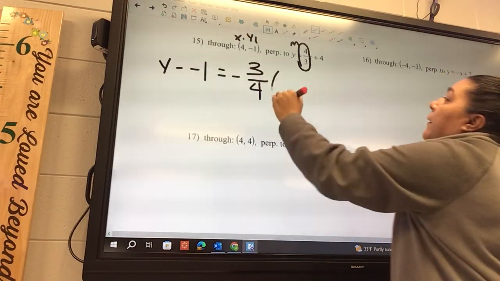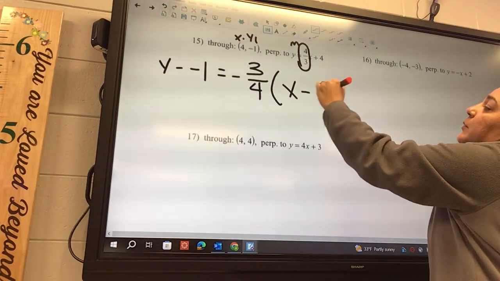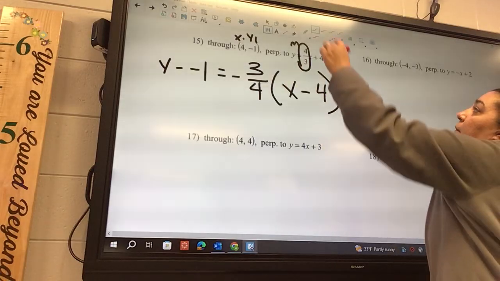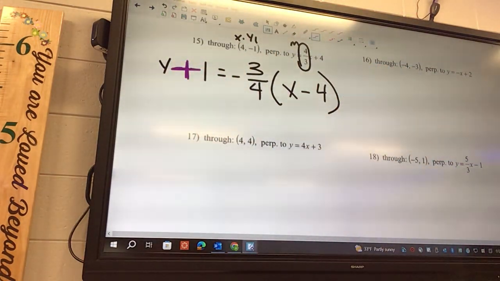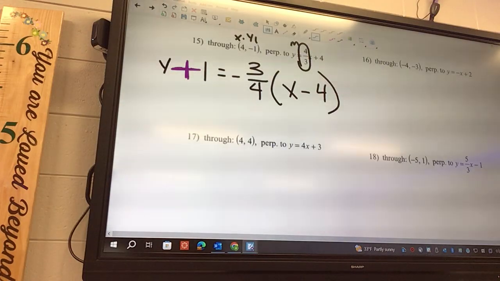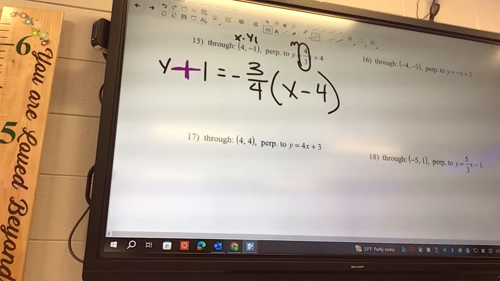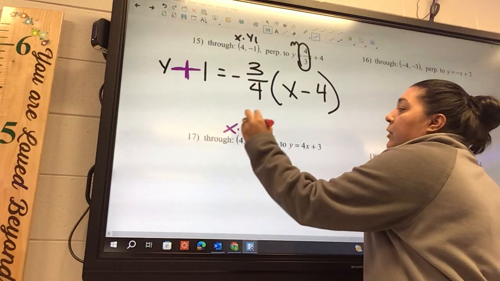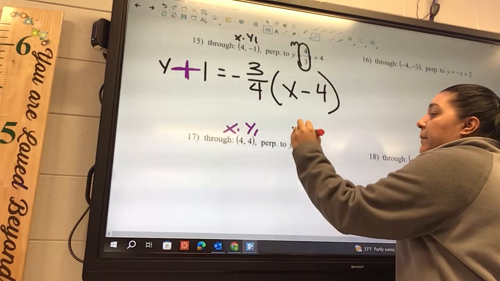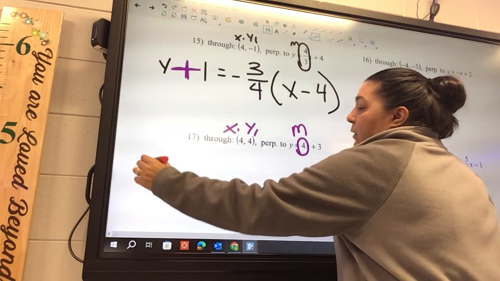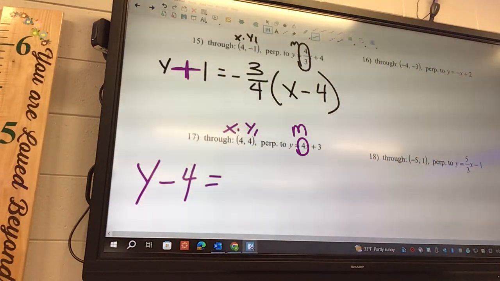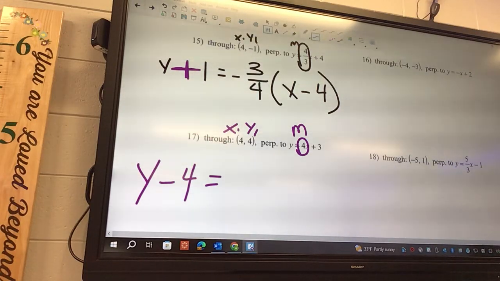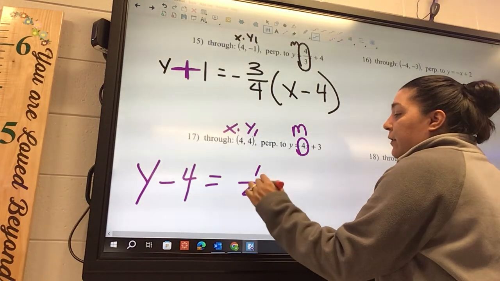Negative. x minus my x1 is 4. Number 17 is going to be x1, y1, and this is my m. So I got y minus 4 equals, my m was 4, so what's the new one going to be? 1/4, and is it going to be negative or positive? Negative.